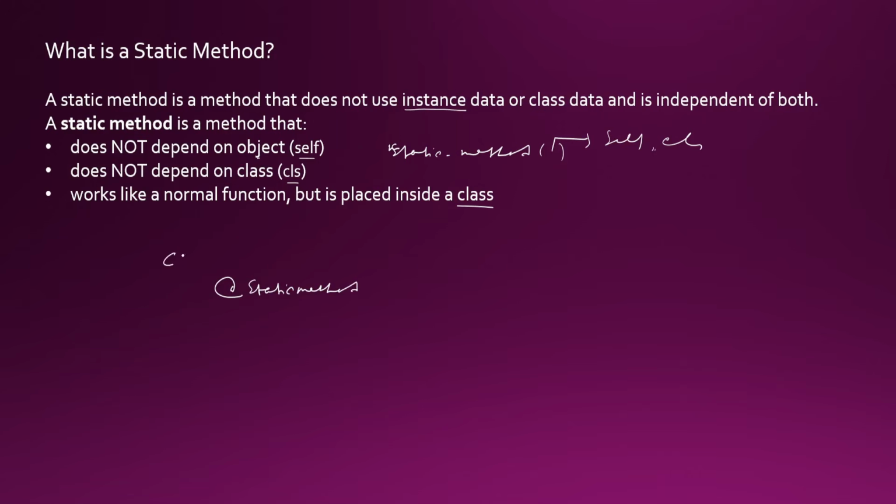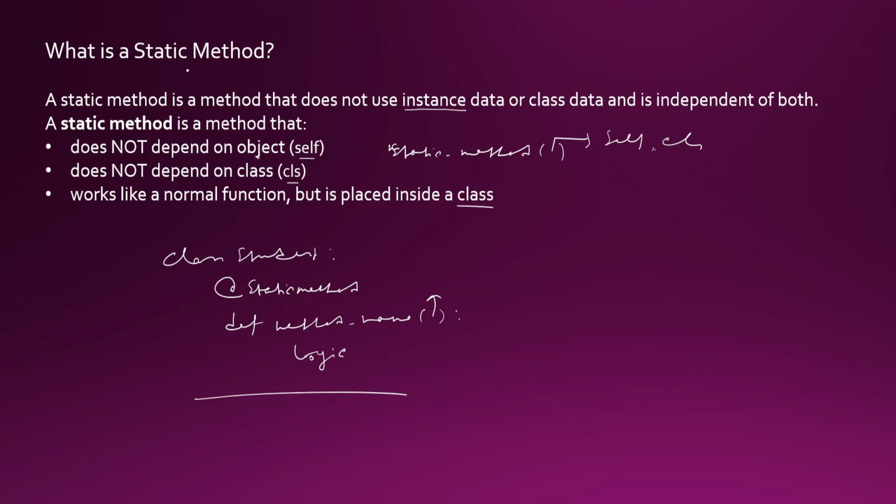Now if I write a class Student, I have to put this decorator, that is staticmethod. Then I have to define my method name, suppose this method name, and we have to put the parenthesis, and we don't need to pass anything over here. It is completely blank. It is completely independent. And you have to provide your logic over here. So this is how we can mention our static method, right?